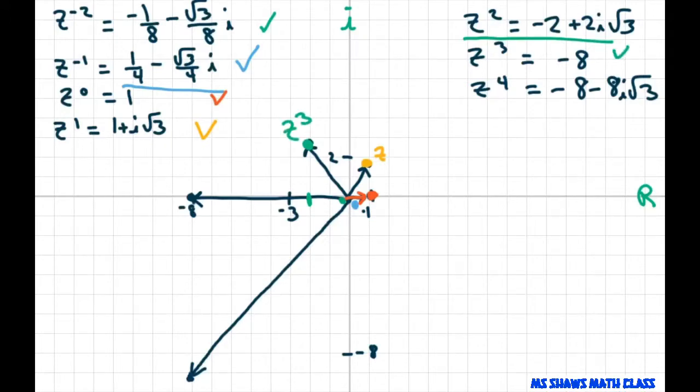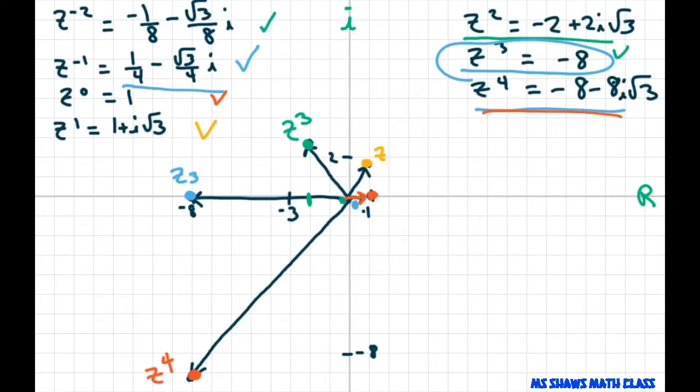Oh, z cubed is right here. And then z to the 4th is down here. And that's your diagram. That's it. Thank you. Have a nice day. Bye-bye.